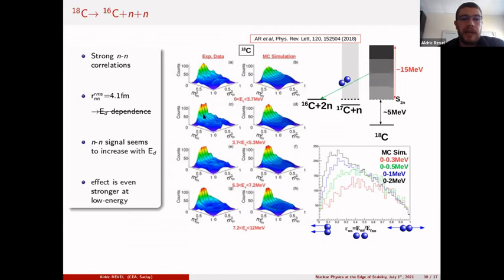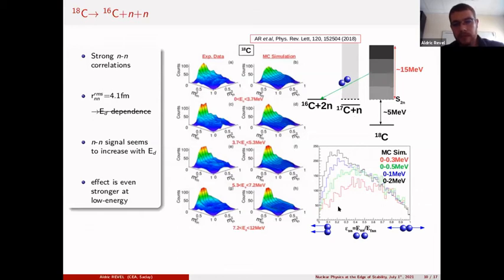Even if by eye, the signal seems bigger and bigger as we go higher in energy. This is an effect that becomes even stronger when we go to low energy resonances.